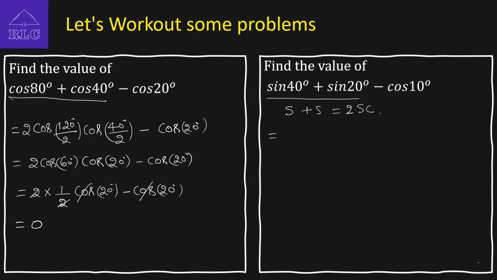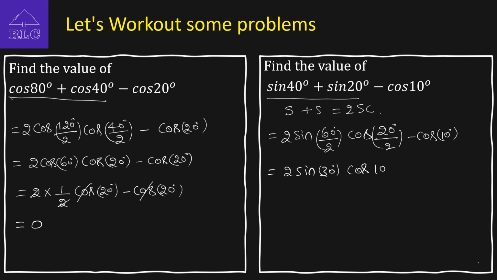So sin C plus sin D is 2 sin((C+D)/2) cos((C−D)/2), which is 2 sin(60/2) cos(20/2) minus cos 10 degrees. This equals 2 sin 30 degrees cos 10 degrees minus cos 10 degrees, which results as 2 into sin 30, which is 1/2, times cos 10 minus cos 10.